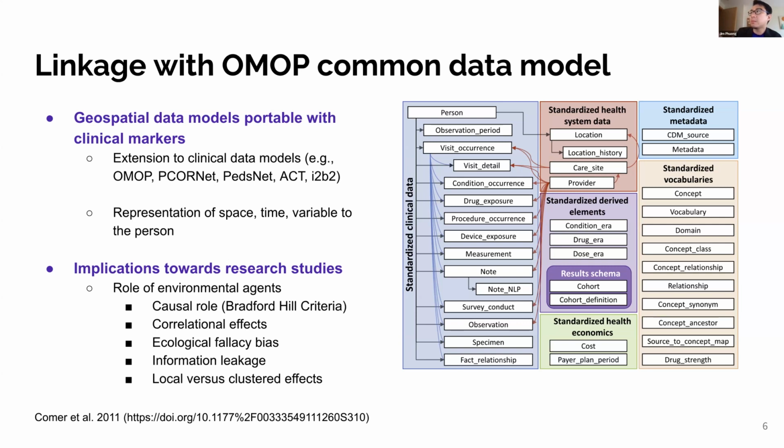But what's not shown as part of this is all the other work for extending what's in that standardized health system data from location and location history to where the geocoding processing happens, all the quality metrics, and all the environmental data linkages enabled downstream.